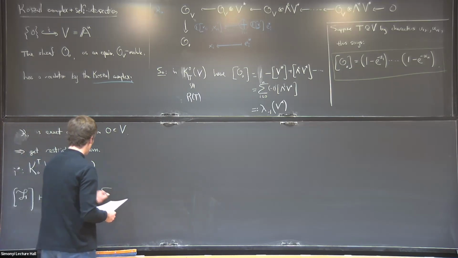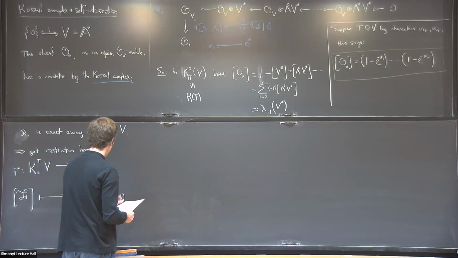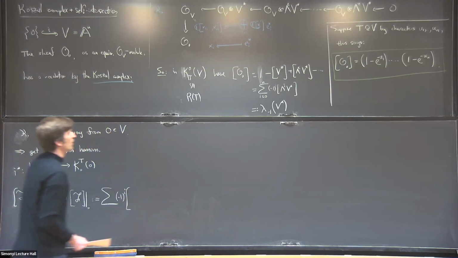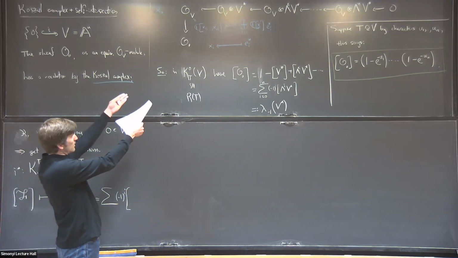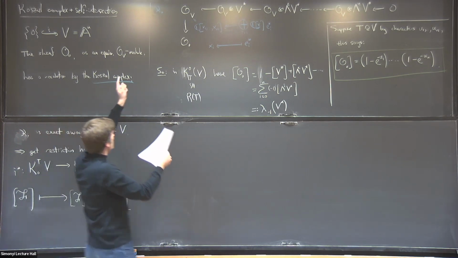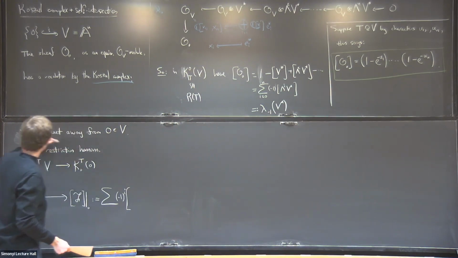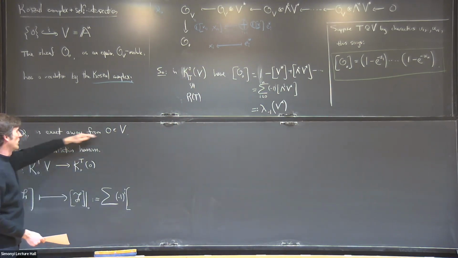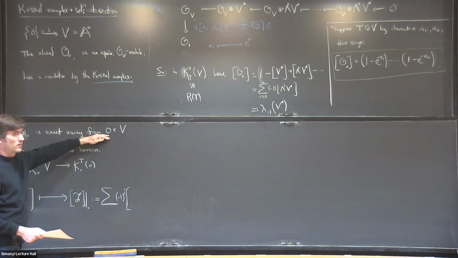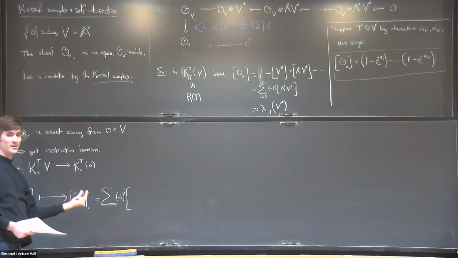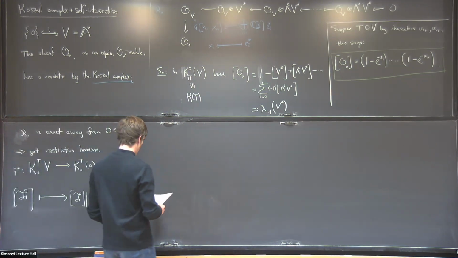And by definition, this is going to be minus 1 to the i. And what I'll do is tensor F with the Koszul complex and take cohomology. And because the Koszul complex is an exact sequence of vector bundles away from zero, the cohomology will be supported on zero.